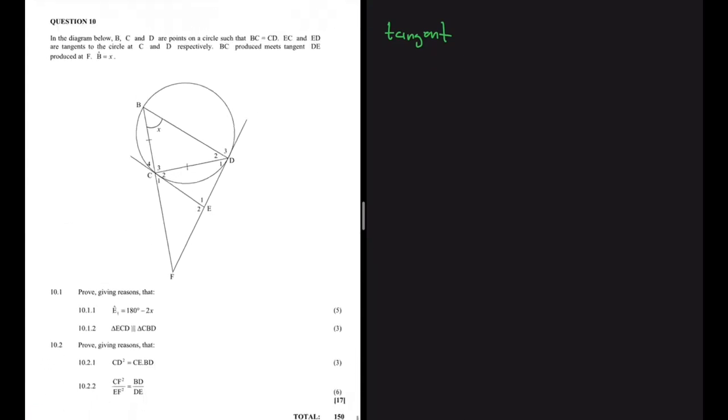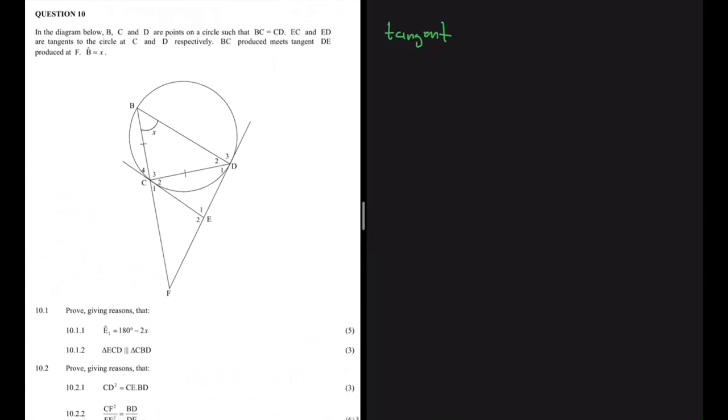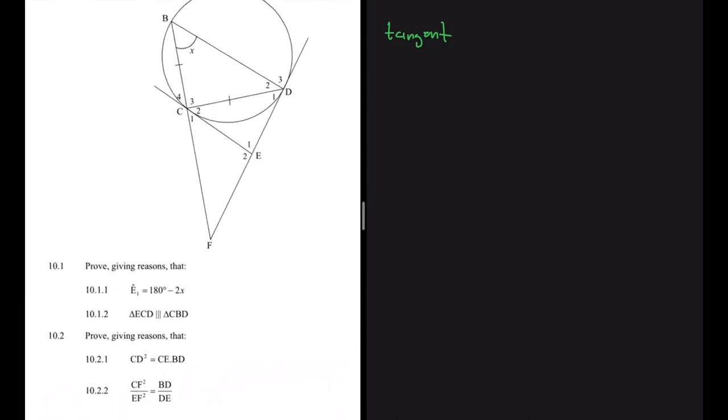So we should get all of these 17 marks based on the keyword tangent and nothing else, right? We're just combining the keyword tangent and a few basics, the sum of angles in a triangle, angles on a straight line, and so on. But in the grand scheme of things, we're answering all the questions using the word tangent.